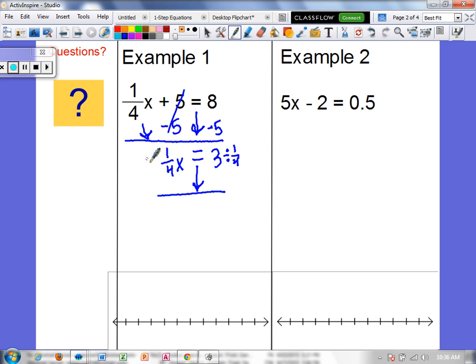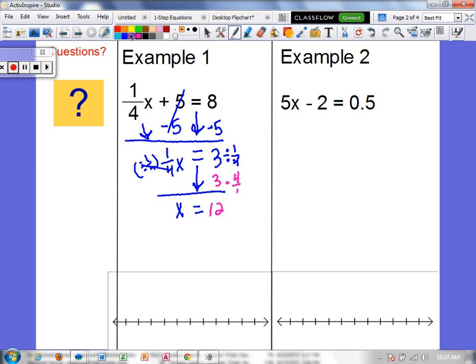And I know if I'm dividing by 1/4, then that's going to cancel this out, and I would just be left with x. Now keep in mind with our fraction rules, dividing fractions is easy as pie. Flip the second and multiply. So this would really be 3 times 4/1, and 3 times 4 is 12.